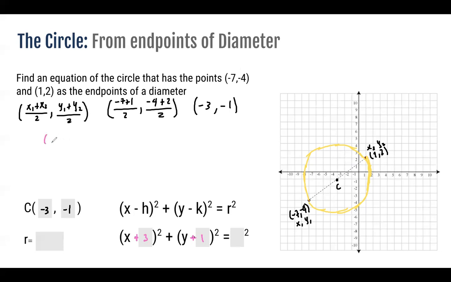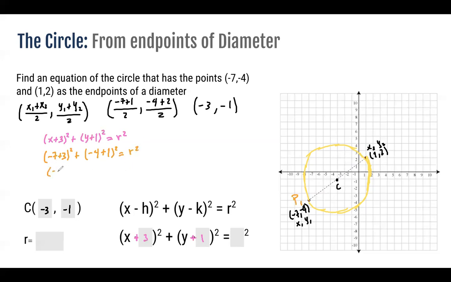So the equation is x plus 3 squared plus y plus 1 squared equals the radius squared. I'm going to use this one as my point 1 and substitute it in the equation. My x is -7, and I already have a +3 squared. Then my y1 is -4, and I have a +1. That will give me the radius squared.